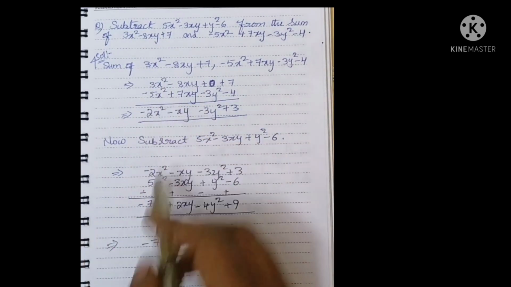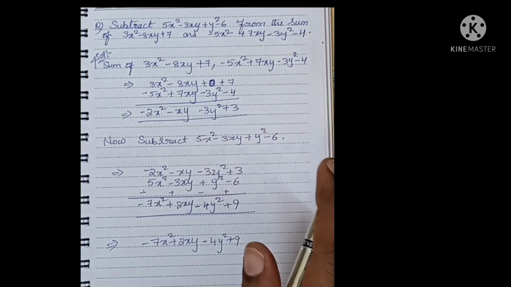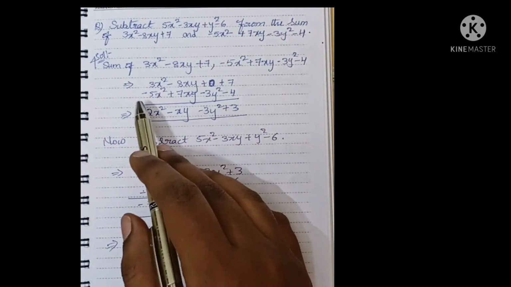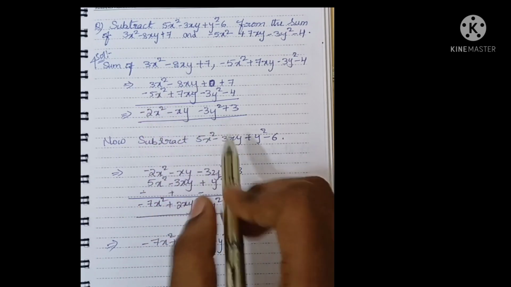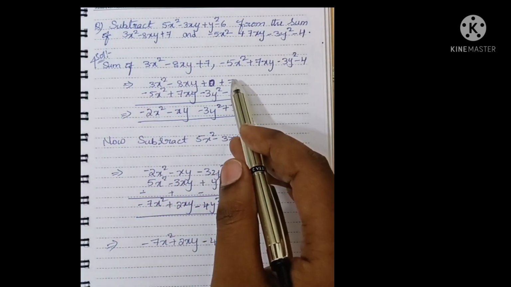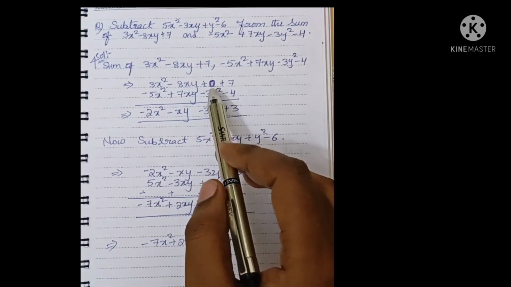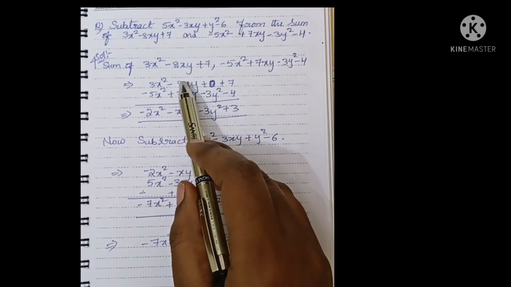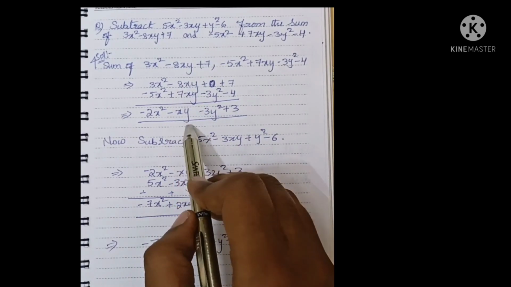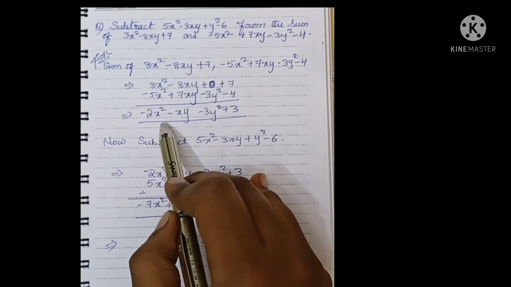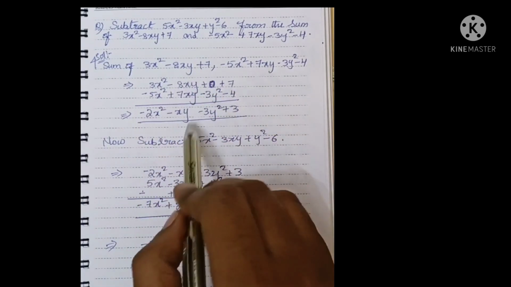Addition we need to perform, so we are not going to change any plus or minus symbols. 7 minus 4 is 3, minus 3y square, minus 8 plus 7 is minus xy, 3 minus 5 is minus 2x square. This is the sum of these two equations.